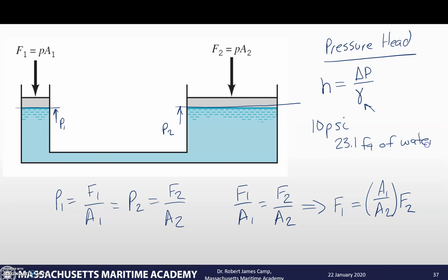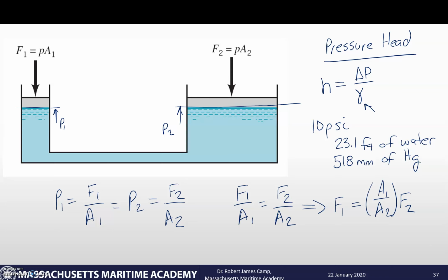And it's important that it's not just 23.1 feet, because it's specifically tied to water because of the specific weight. If I wanted to use mercury, that would be 518 millimeters of mercury. Now that's about a half a meter, so about 1.5 feet.